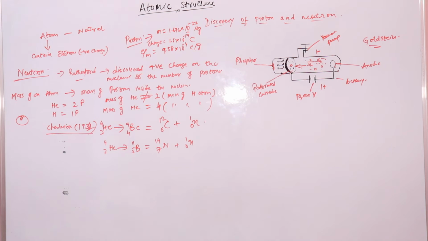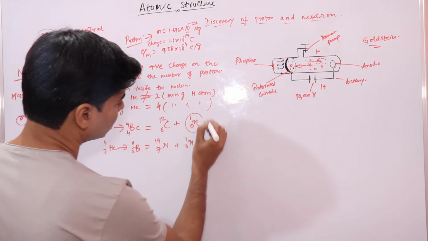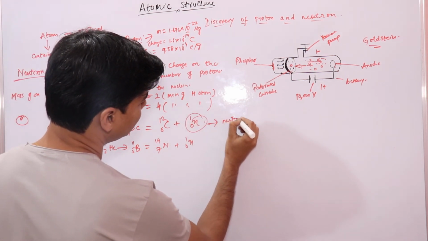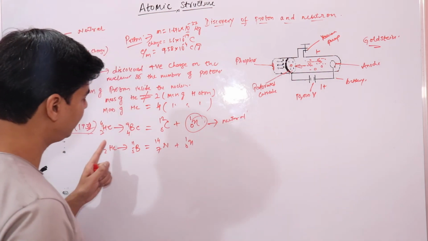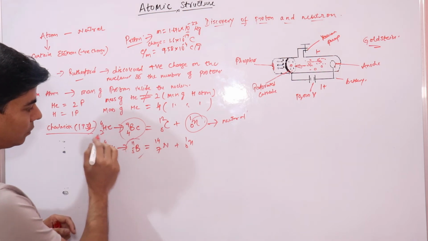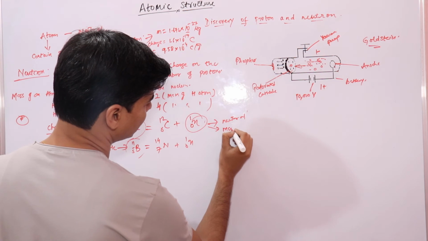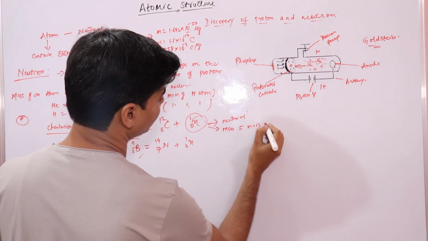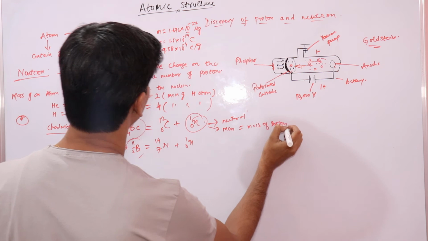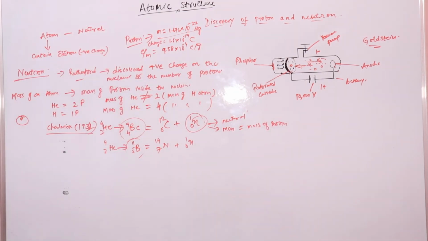Being neutral, these are termed neutrons. This has a mass equal to the mass of a proton. So this led to the discovery of neutrons.